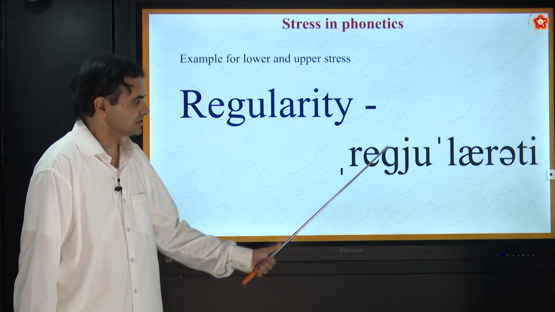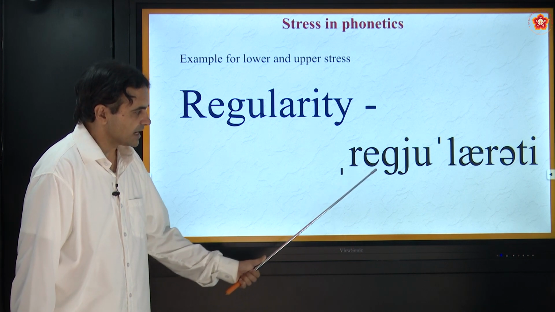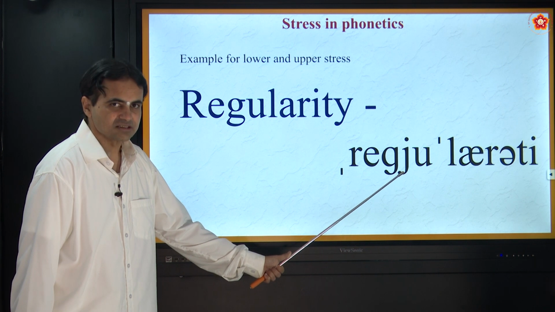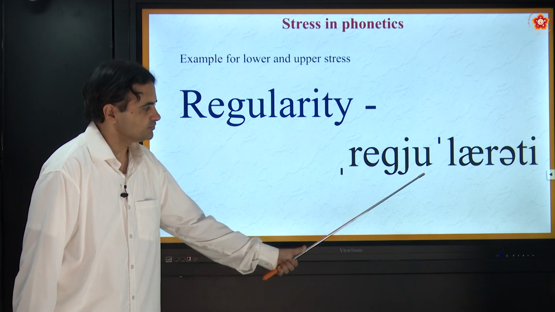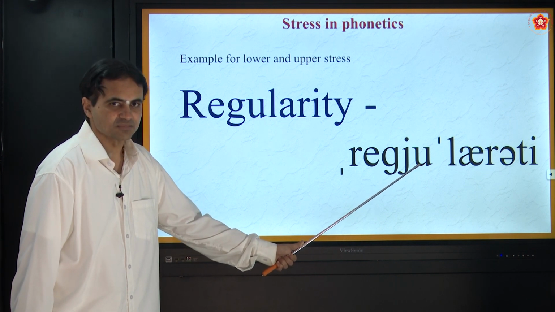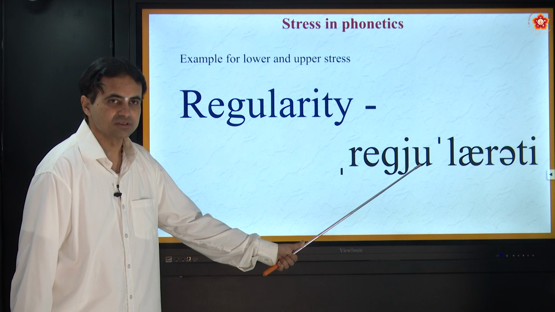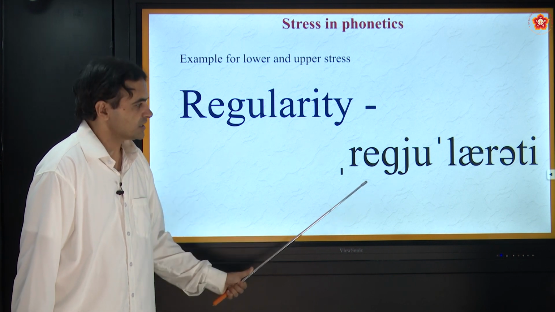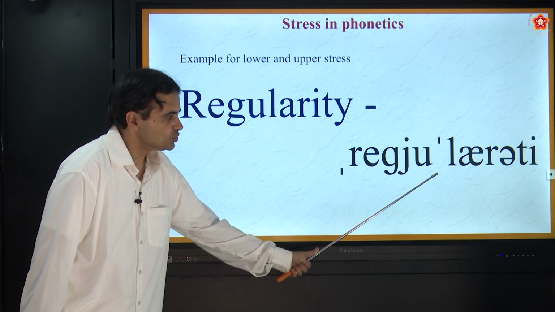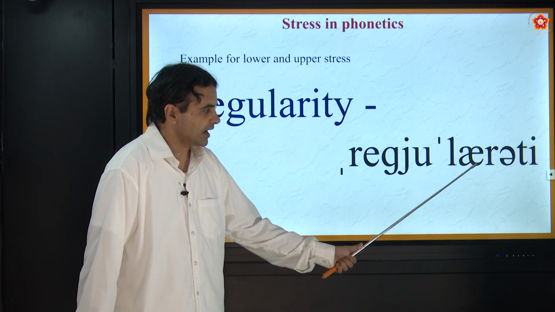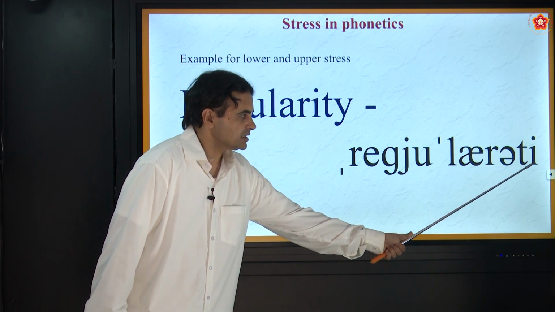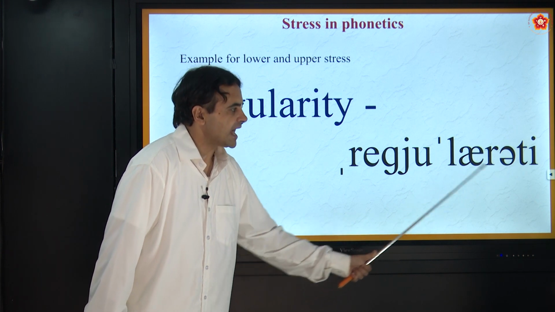It is r, e, re, g, reg, y. This is a little bigger u, not the smaller u. So reg-u. When you combine this, it becomes regu. And this is l, a, r, e, t, e. This becomes larity.